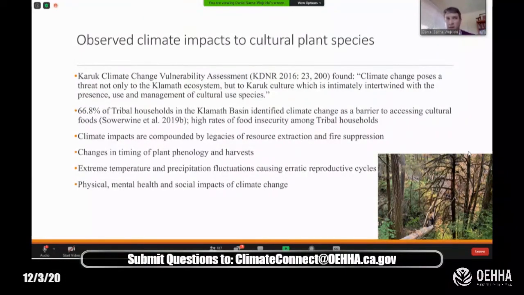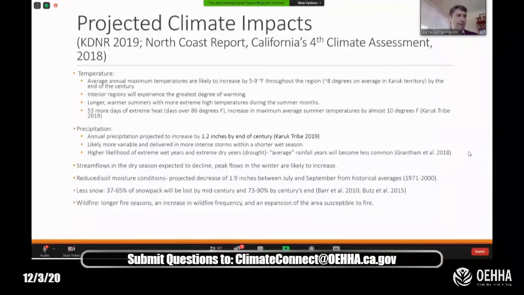Sap is running earlier in alderbark, which is used for dyeing basketry material. Geophyte bulbs for species such as blue dicks are smaller and don't propagate as well, and species that are more shade tolerant and moisture loving, such as Pacific yew, are becoming desiccated in areas where the canopy is opening up more. So the Karuk community and landscape are already experiencing climate change, and this is already having impacts on cultural practices and the mental and physical health of the community.